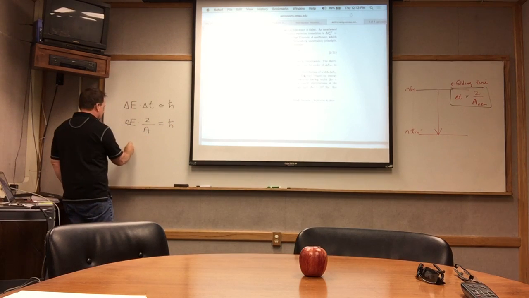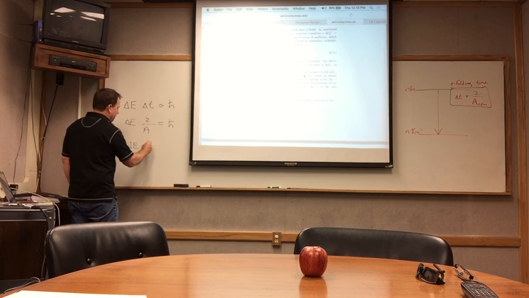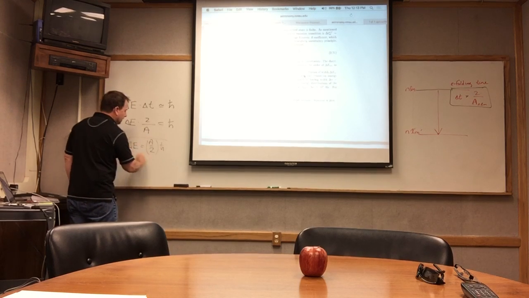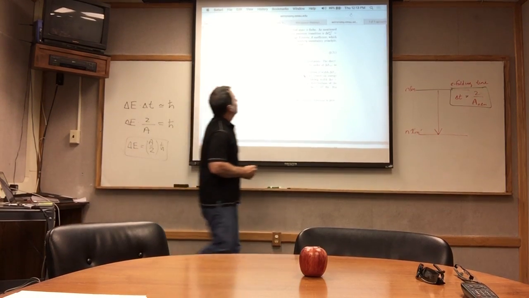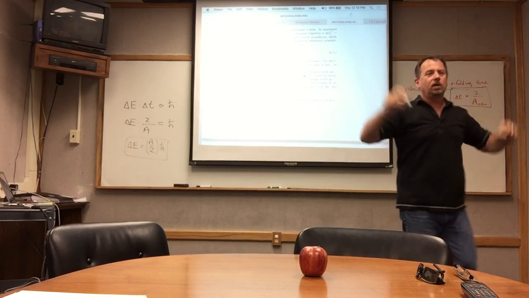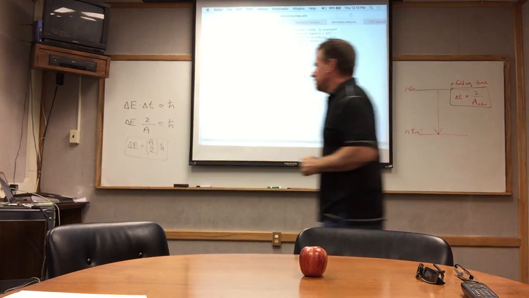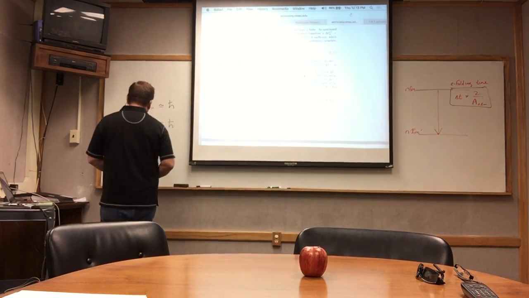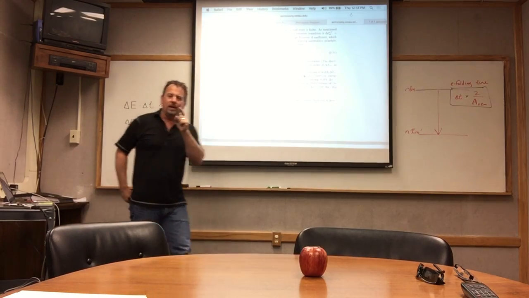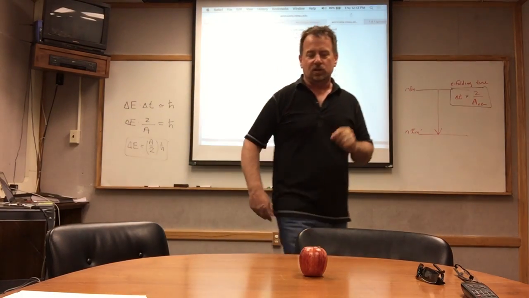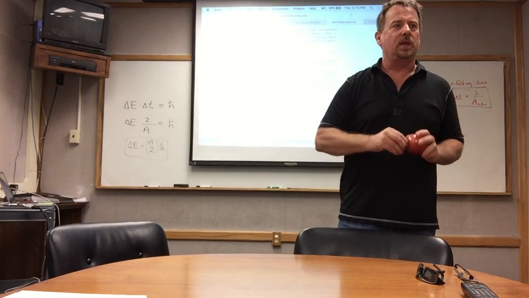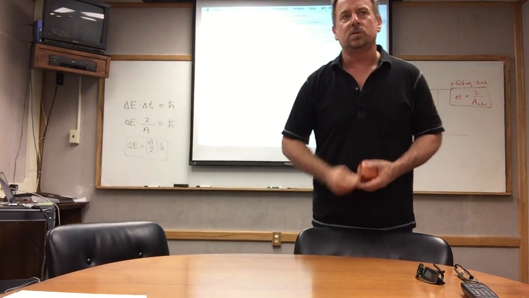Okay, so what do we get for delta E? Help me if my math is wrong. Something like that, right? Is that what I wrote? Yay, I can do algebra. Okay. So now we see another very, very important part of Einstein's coefficient, another very, very important thing that came out of overlap integrals.